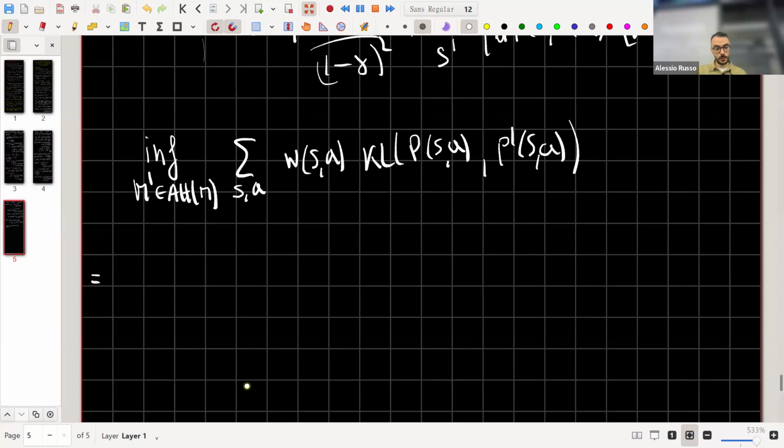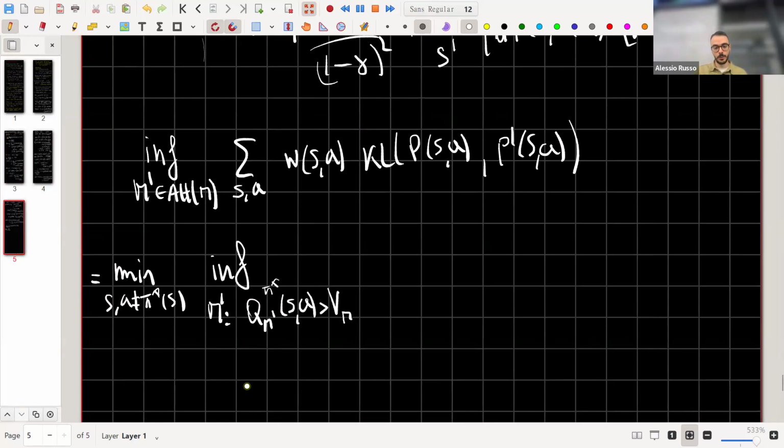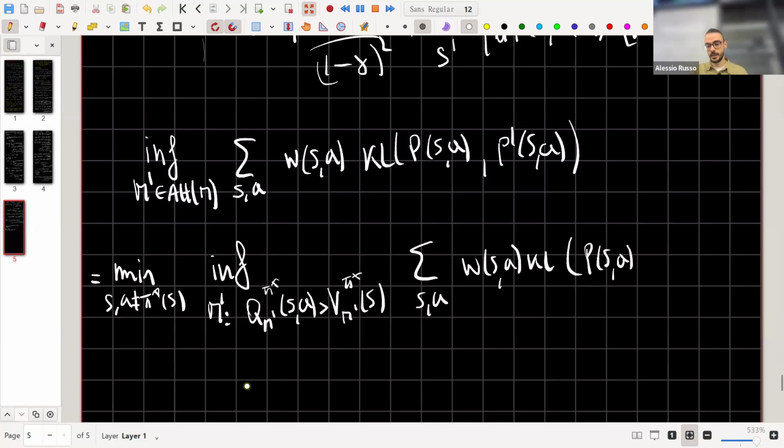So this is also equal to minimum over S, A different from pi star of S, infimum over models M prime, such that Q M prime pi star of SA is bigger than the value in M prime of pi star in S, of the sum of W SA, KL, PSA, P prime SA.